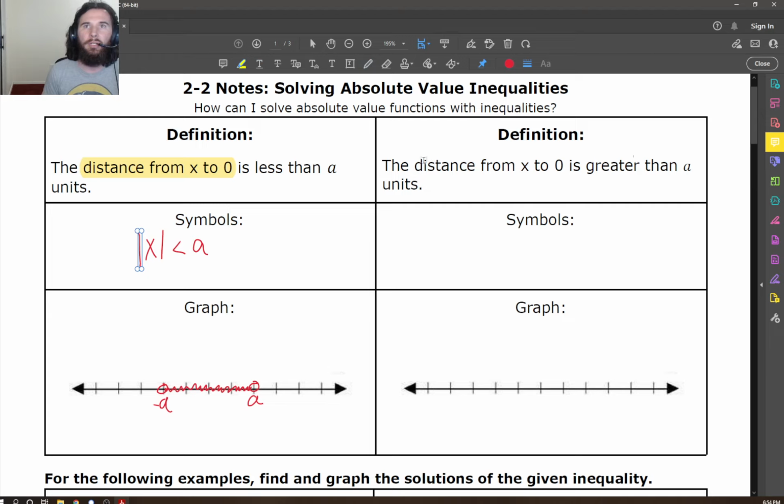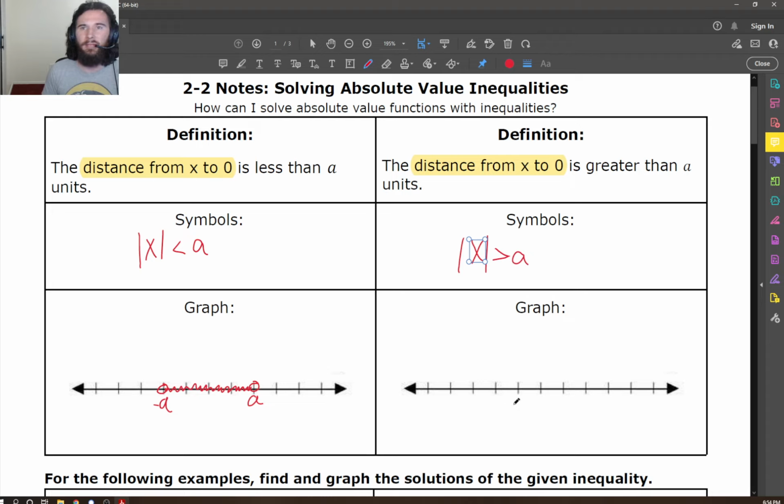And then over here, once again, distance from x to 0, so I'm immediately thinking absolute value, is greater than a units. So now we have the other inequality sign.